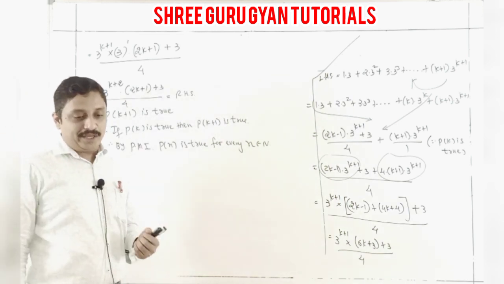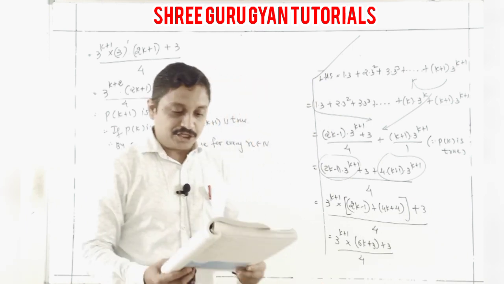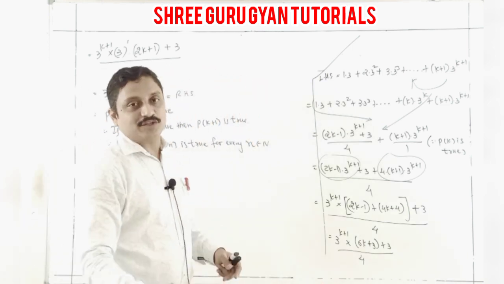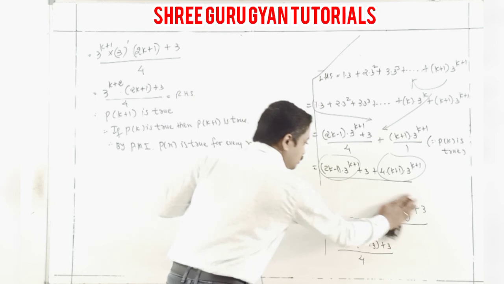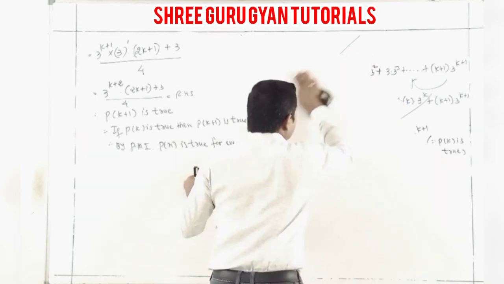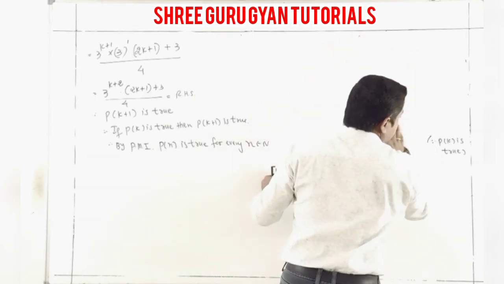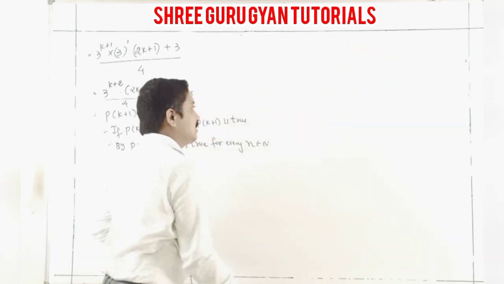Now I am going ahead to question number 6. The sixth one, students, is also very easy and simple, in the same pattern of numericals.